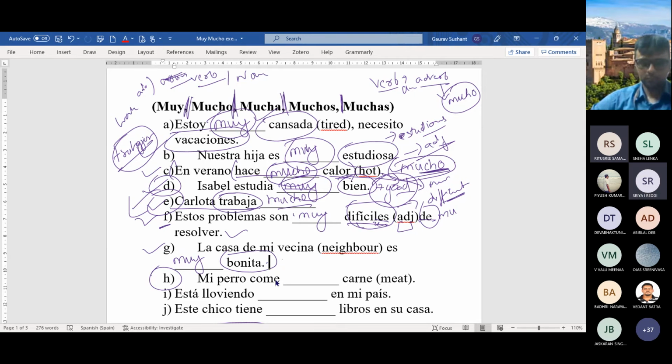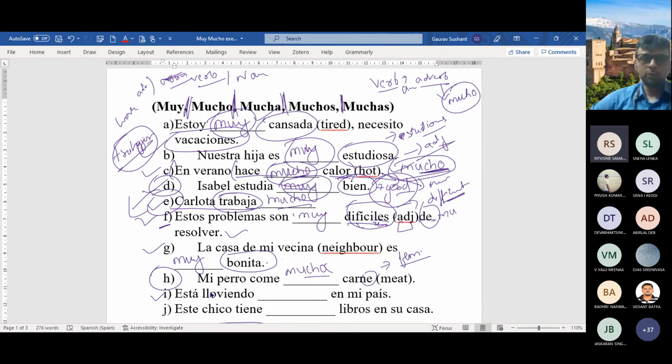Mi perro come mucho carne. It eats a lot, so it will be mucho. You are getting the correct one, but there is a small problem. Carne is an exception and it is a feminine noun. So it should be mucha carne. That is the only change.